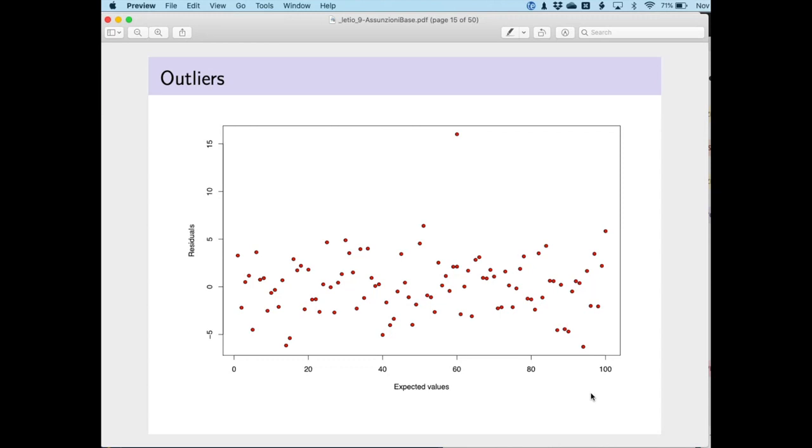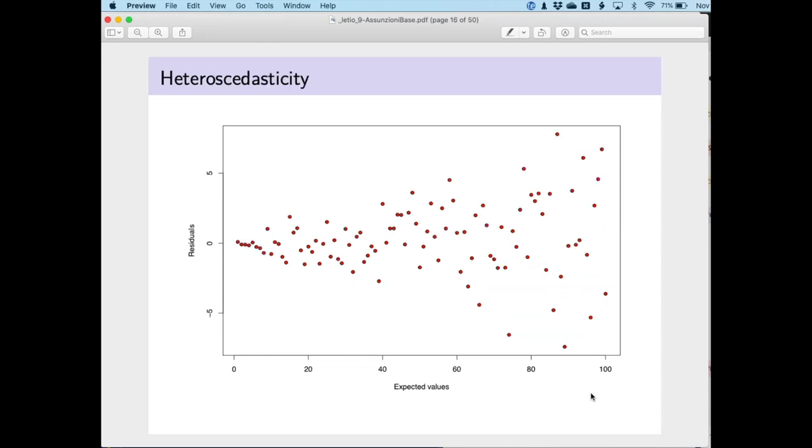Yeah, that's the first deviation. And this is a second deviation. You see, we see here a clear pattern. It's like a funnel. What does this mean? It means that when the expected values increase, the variability increases.